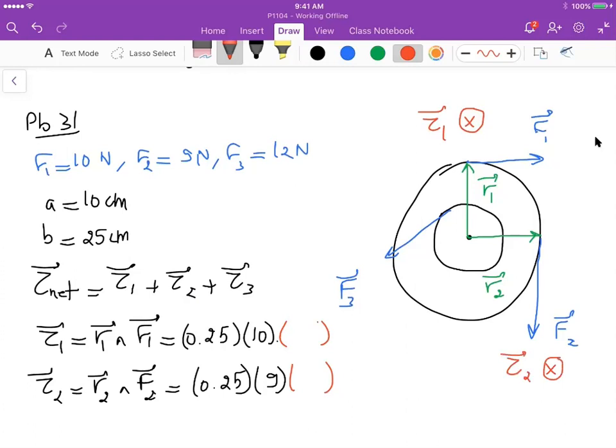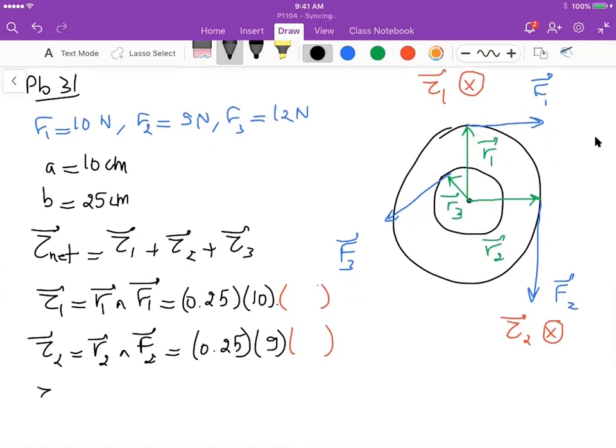We only have F3 left. In the same way, let's draw R3, the vector pointing to the point of application of the force F3. This is R3, and since F3 is tangent to the inner part of this wheel, F3 and R3 are perpendicular, so the angle between them is pi over 2.